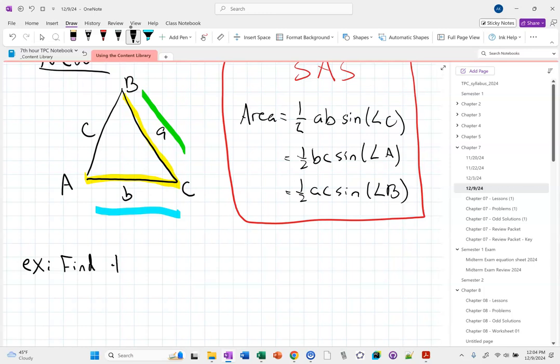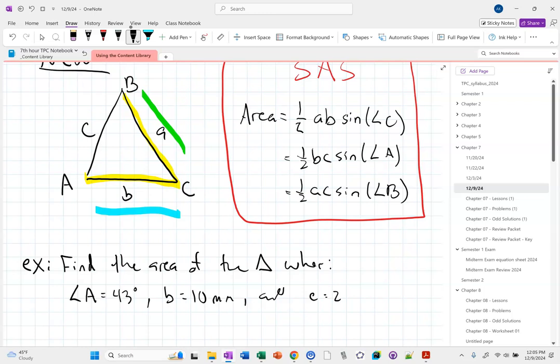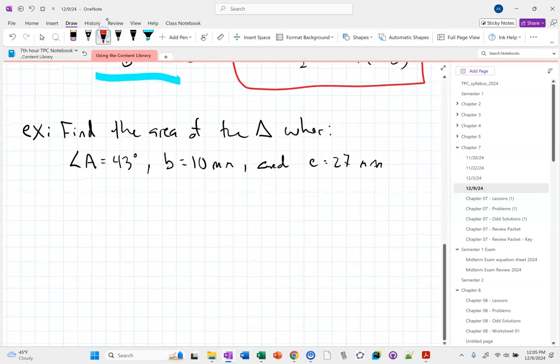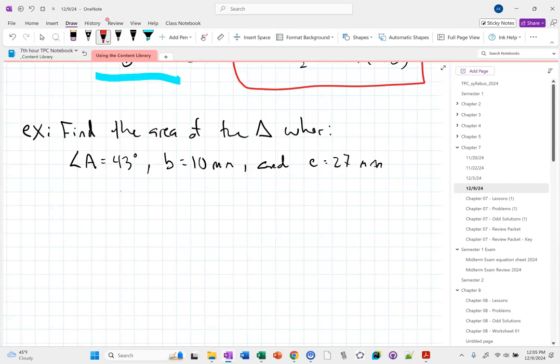So just an example here. Say we have the triangle where angle A is 43 degrees, side B is 10 millimeters, and side C is 27 millimeters.